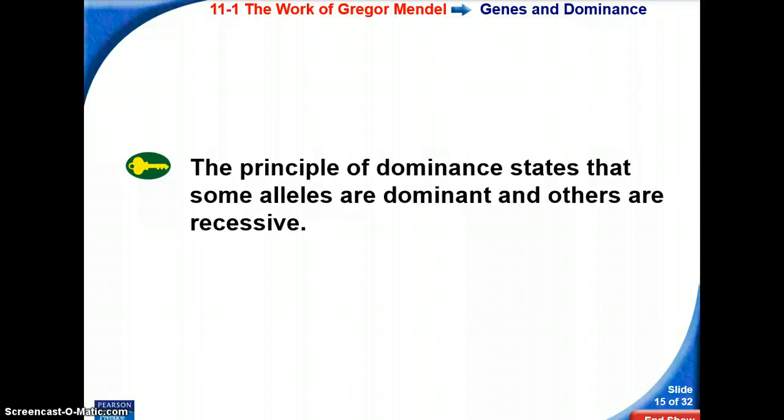Now what that means is that dominant traits always show up when they are present, and recessive traits just kind of hang out in the background and they wait until the right conditions and then they show themselves. And we'll talk about what that looks like here in a second.